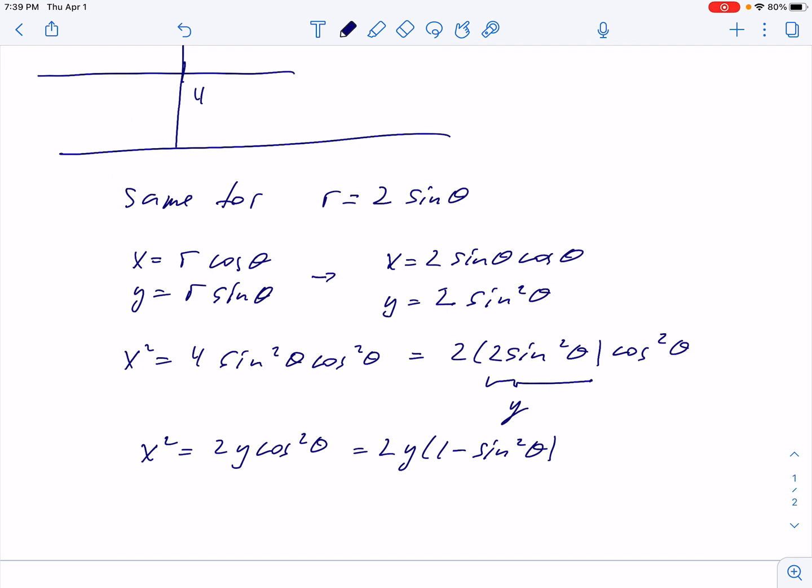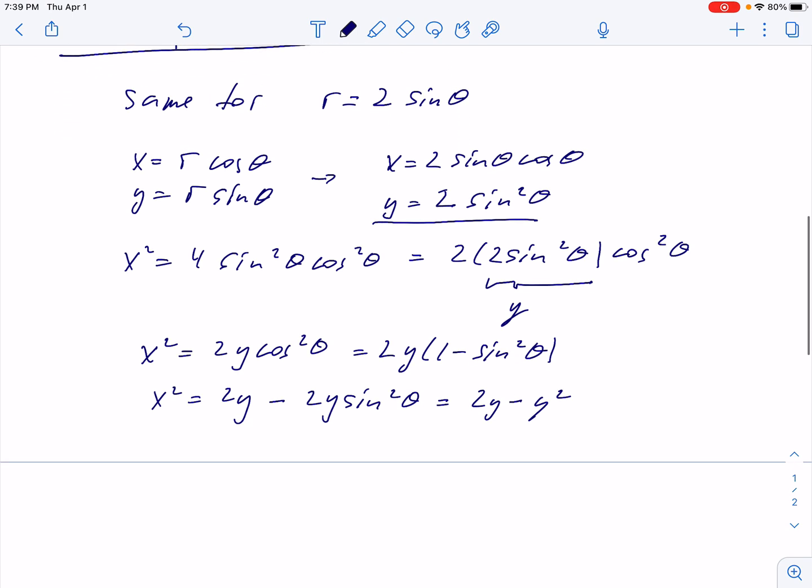So here at this point we have x squared equals 2y minus 2y sine squared theta. 2 times sine squared, look, this is y. So this is 2 times y minus y squared. And that's it. We eliminated theta and r.